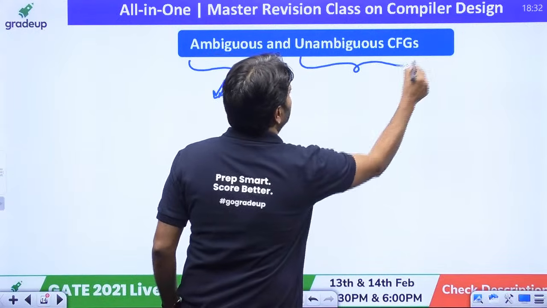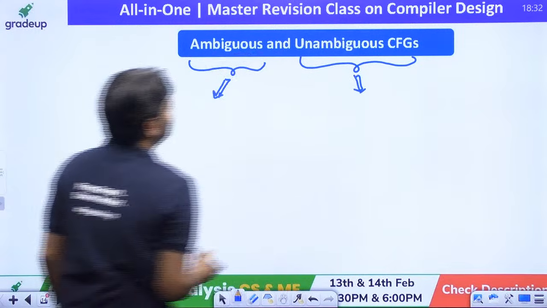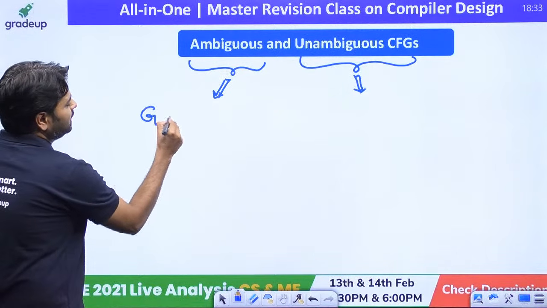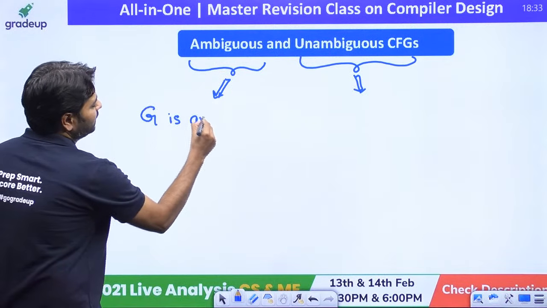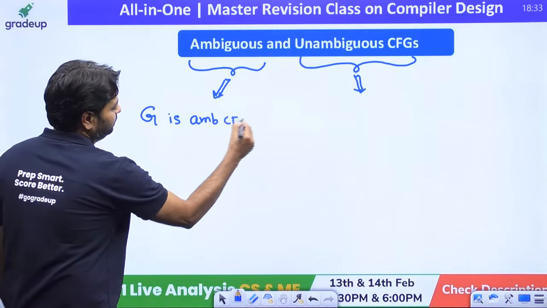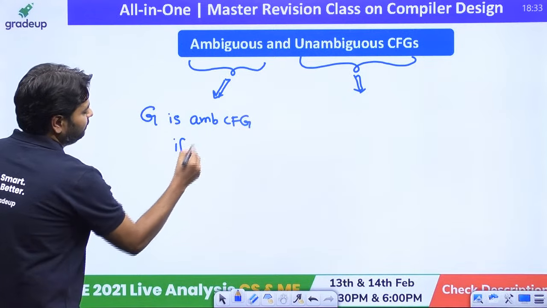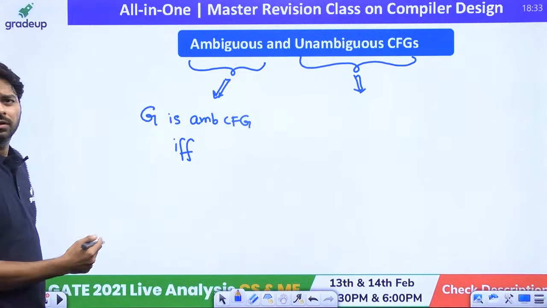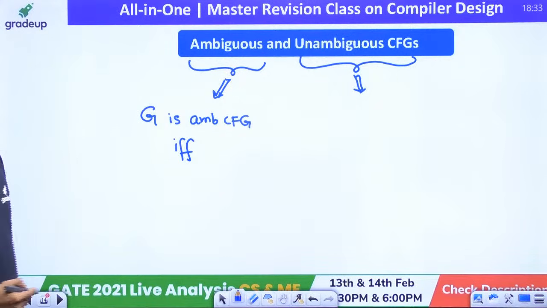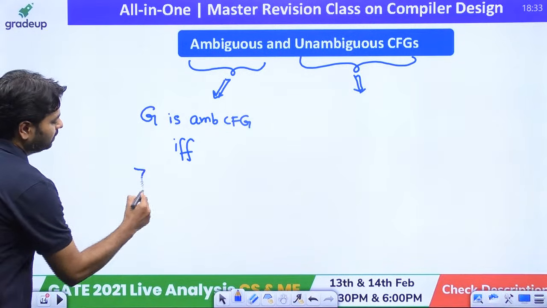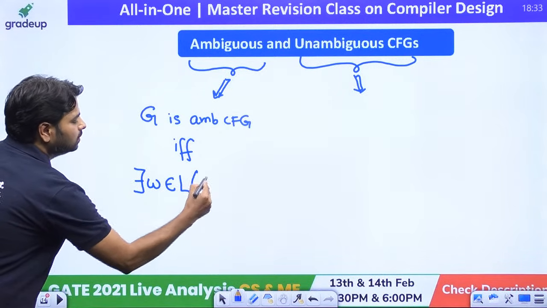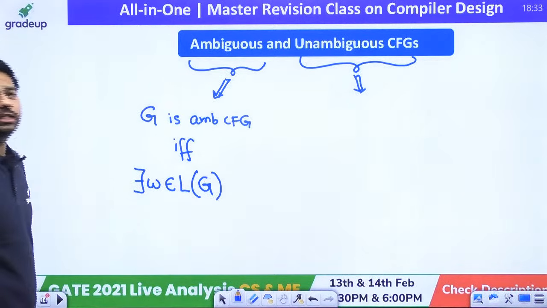There are 2 kinds of grammars. Ambiguous grammar. Suppose anybody says G is an ambiguous CFG if and only if there is some string which belongs to the language generated by the given grammar.